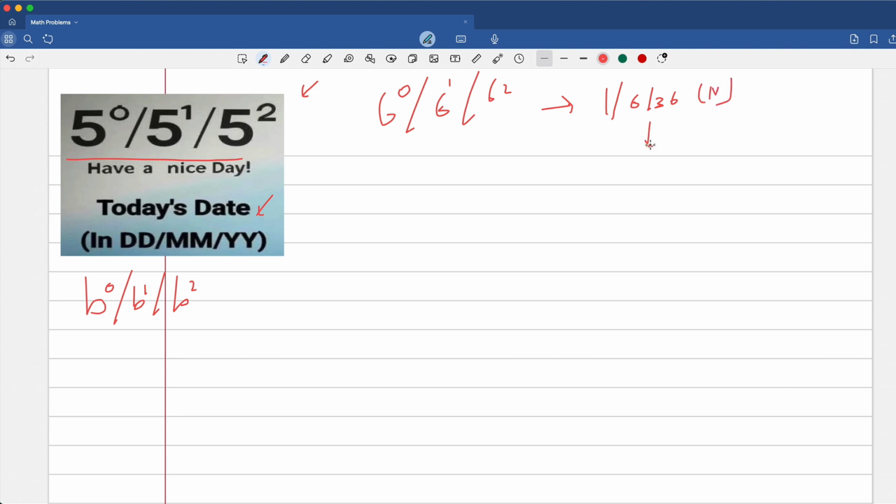The last one, as you can imagine, is going to be defined by the last perfect square less than 100. And as you can see, it's 9. So it's 9 power 0, which is 1, 9 power 1, which is 9, and 9 squared, which is 81. So in 2081, we're going to be seeing that last date.